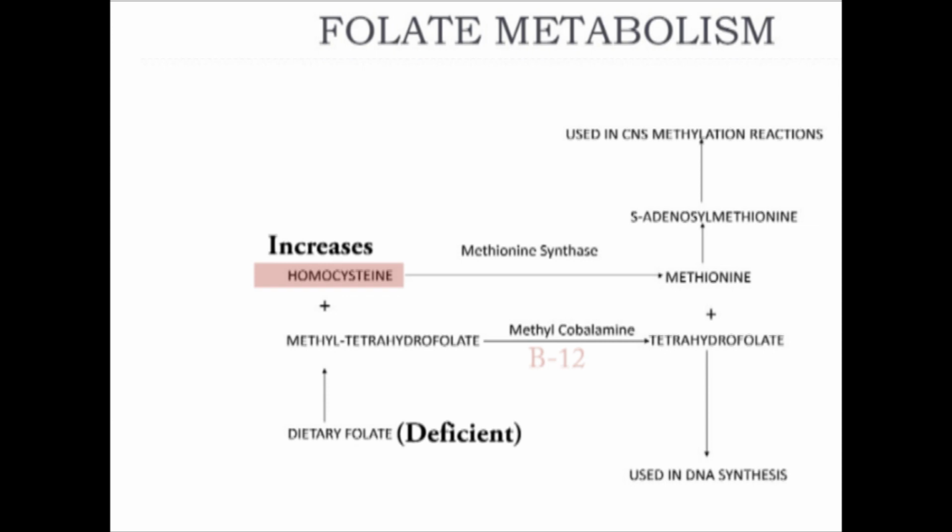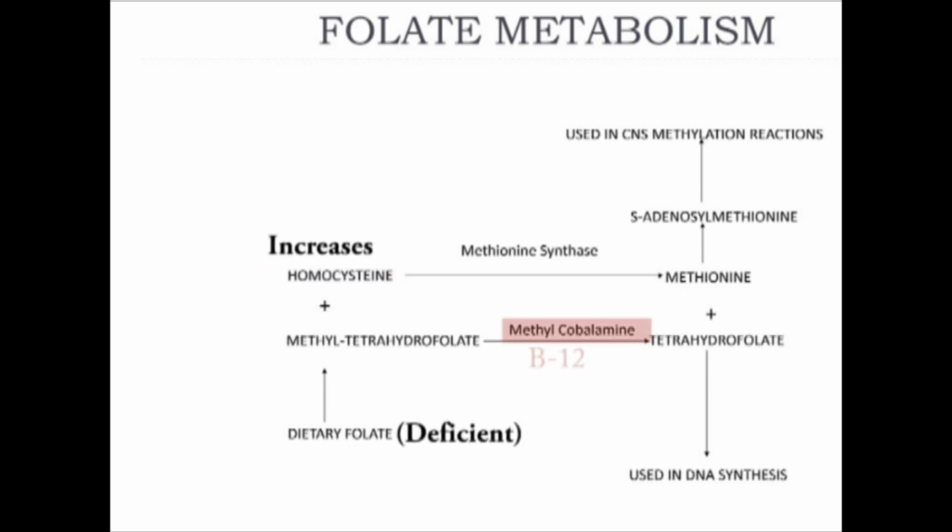Consequently, we see homocysteine levels in the blood increase. So in other words, if serum homocysteine levels are elevated, that can tend to signify that there is a folate deficiency.